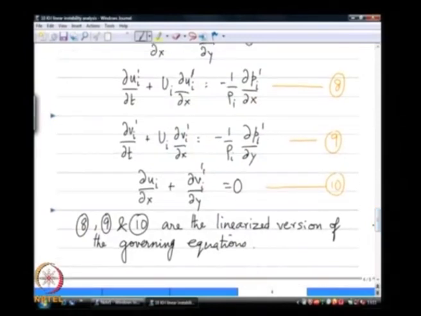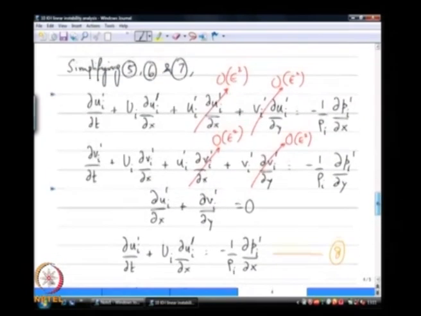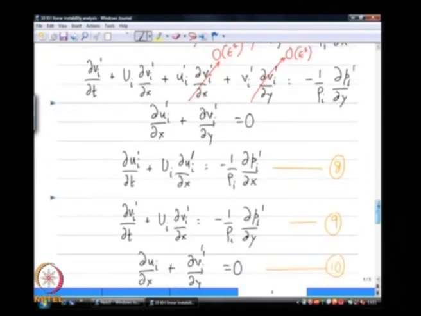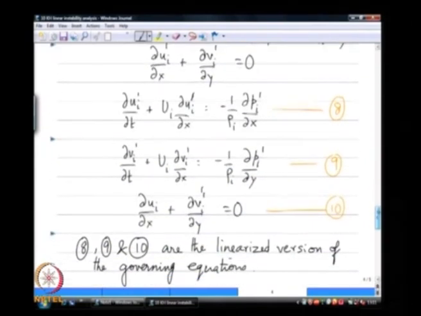We took the complete two dimensional Navier-Stokes equations and Euler's equations, and after scratching out the terms that are order epsilon squared and only keeping the terms that are order epsilon, epsilon being the order of the perturbation quantity, which are the primed quantities.